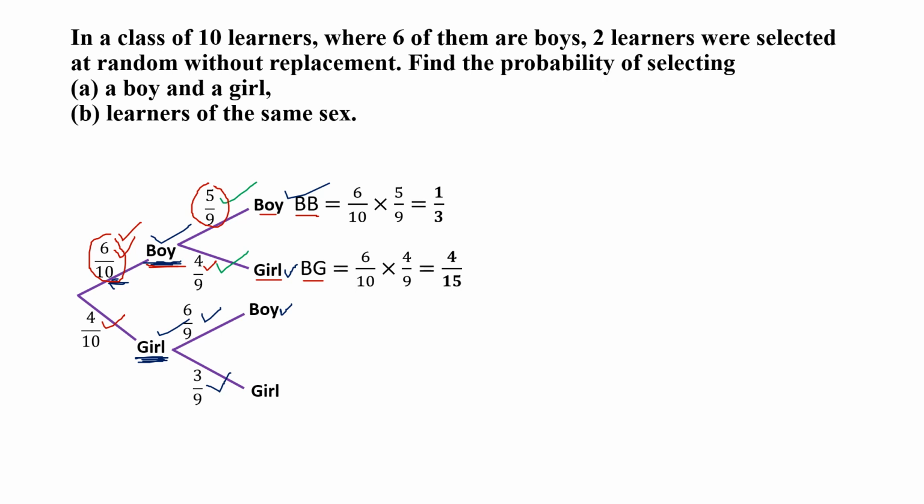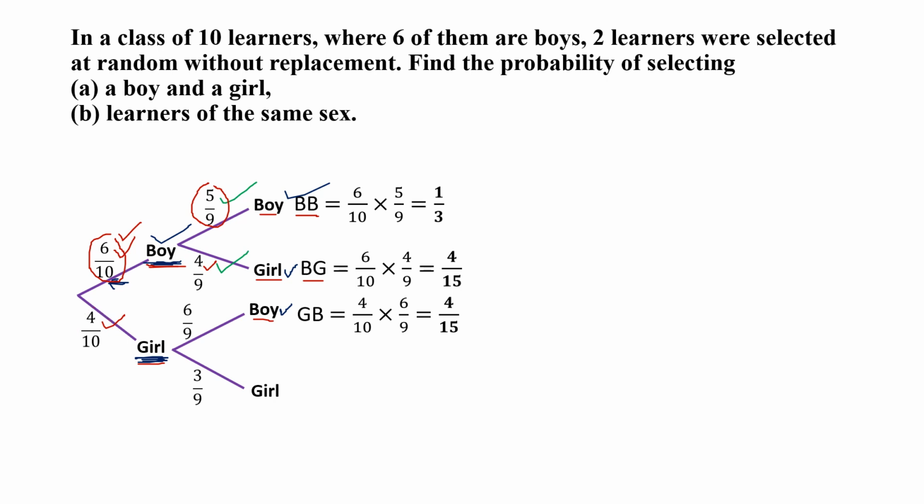The probability of a girl followed by a boy is found by multiplying this probability 4/10 by 6/9, like this, right? And if we multiply these two, we find 4/15, right?